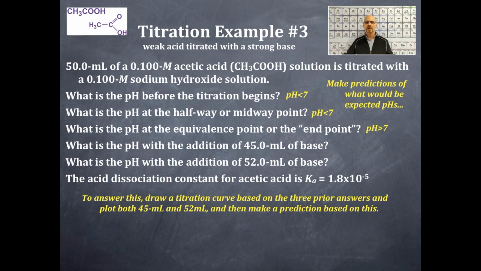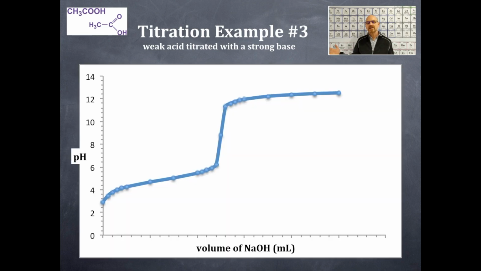Okay, so this is our graphic here. It is a weak acid titrated with a strong base. Notice that the pH is on the y-axis, the strong base is on the x-axis in volume. Notice that the pH initially starts at a low pH and then it moves on up. Before titration, that's an ice table with just the acetic acid.